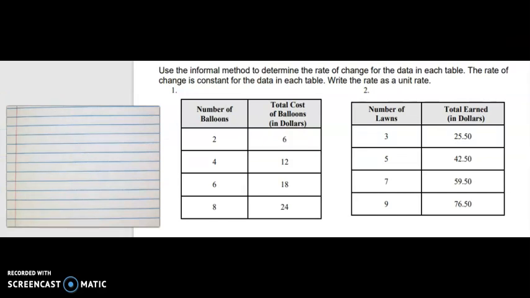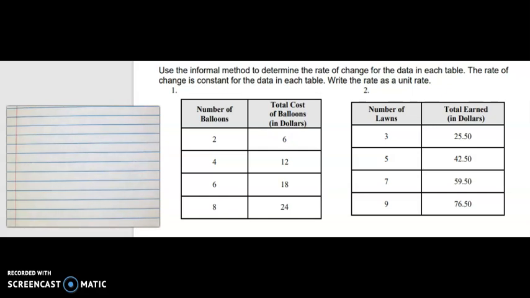Okay, so we're going to find the rate of change based on the table. Rate of change is another way of saying slope, and we're going to write that rate as a unit rate. Unit rate is another way of saying slope. So we have number of balloons and total cost of balloons in dollars.